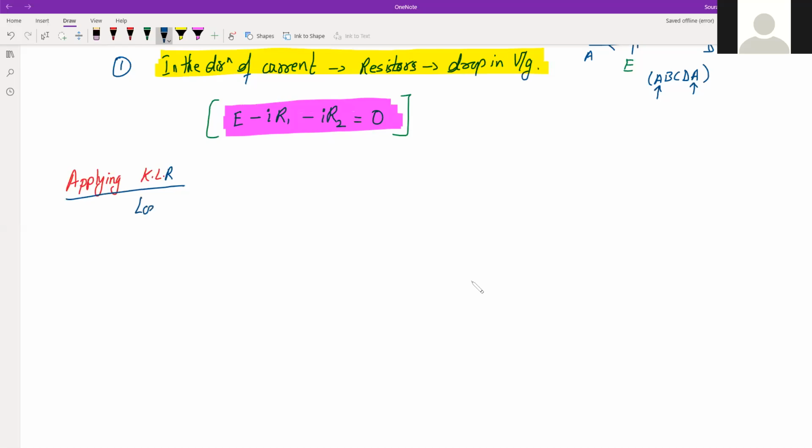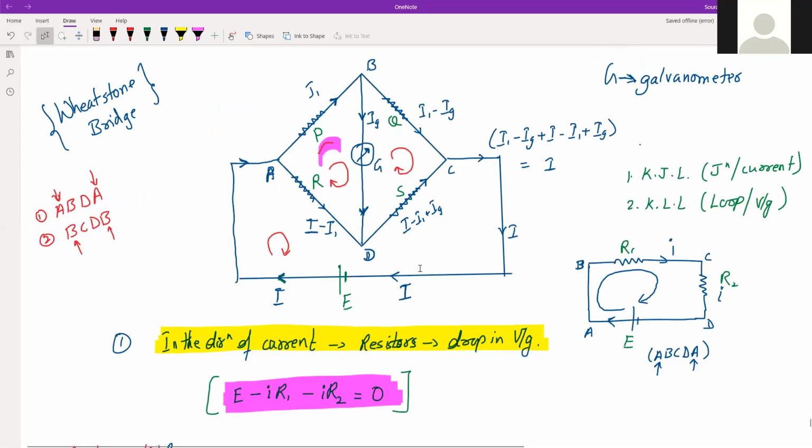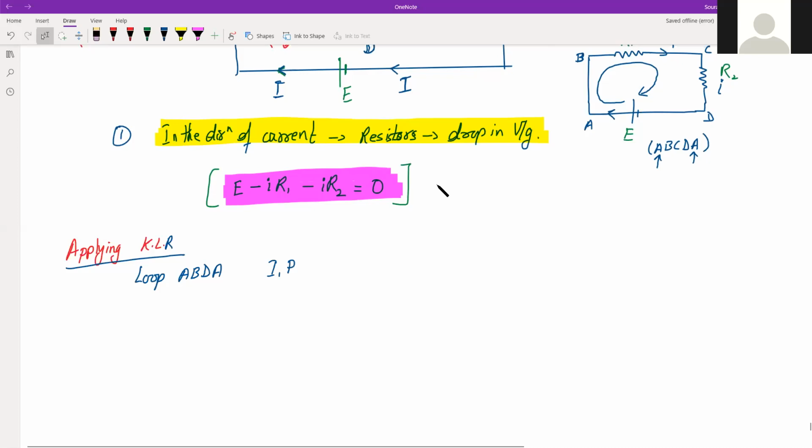So the first loop is AB, D, and back to A. Now in the segment AB, there was a current I1, and that I1 was going through a resistor P. So I1P is the loss, this one, I1 and P. So this will be the loss because we are going in that direction from A to B. So that is loss, so let's write it as negative.